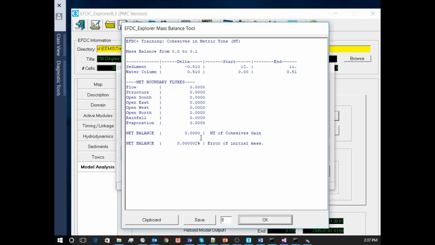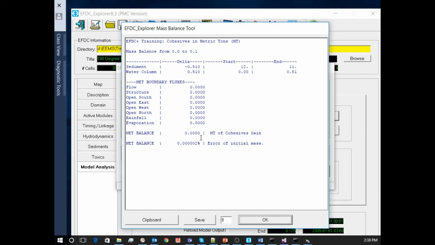So I can see how many metric tons I had at the beginning of this run. It's telling me I had 12 metric tons, and at the end I had 11 metric tons, but this is just in the sediment bed. So the sediment bed lost a half a metric ton. However, that metric ton was gained by the suspended solids in the water column.